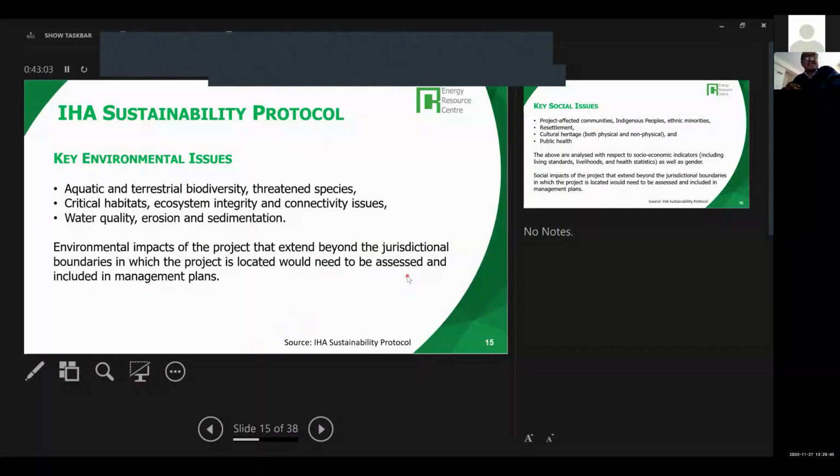Okay, talking of the environmental issues, the key issues that the IHA sustainability protocol has looked at is the aquatic and terrestrial biodiversity, threatened species. They look at what are the impacts on aquatic and terrestrial biodiversities, impact on threatened species, on critical habitats, are ecosystem integrity and connectivity issues disturbed?